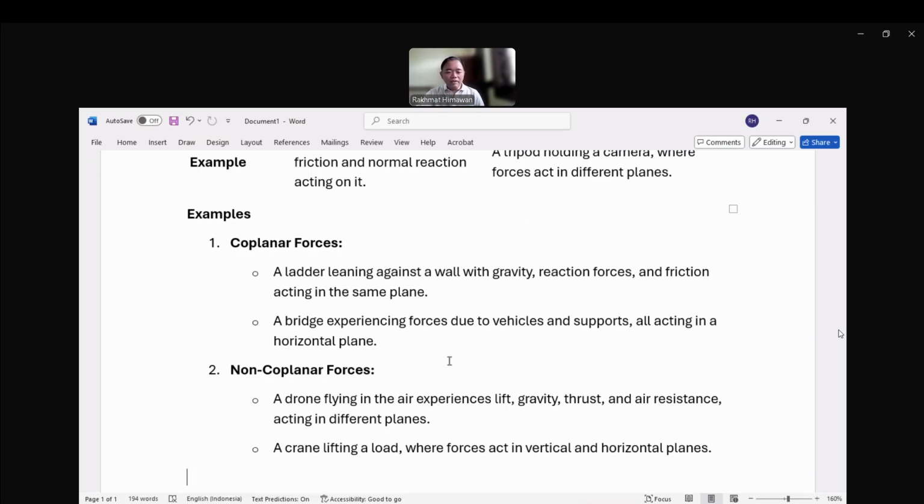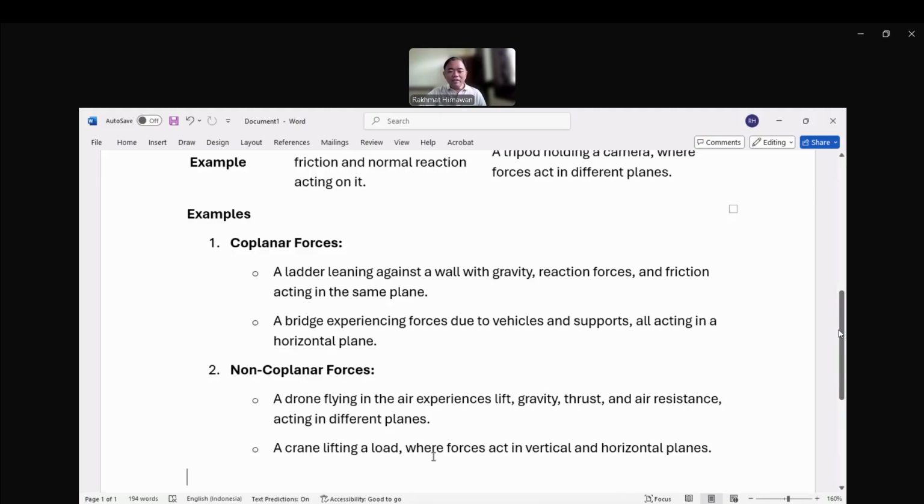While the non-coplanar is more complex, like a drone. You need to know the lifting, the gravity, the thrust, the air resistance, the wind. That's more complex. But this basically just adds more axes, from X and Y into X, Y, and Z.